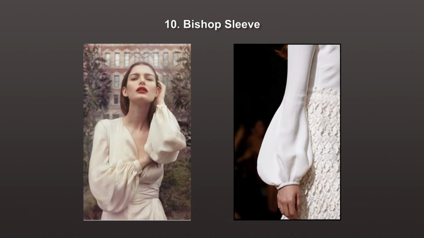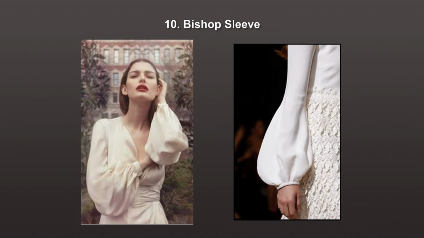Let us look at more garments with bishop sleeves. The first picture is from Bridal Atelier from Australia. It is a bridal wear gown with a bishop sleeve. A bishop sleeve is a rare occurrence in a wedding outfit.